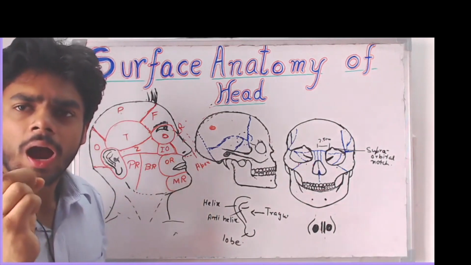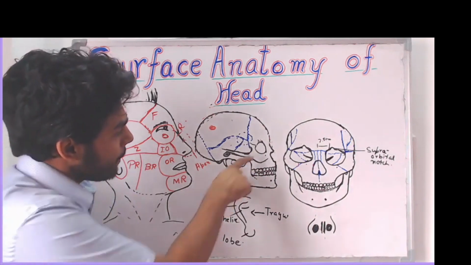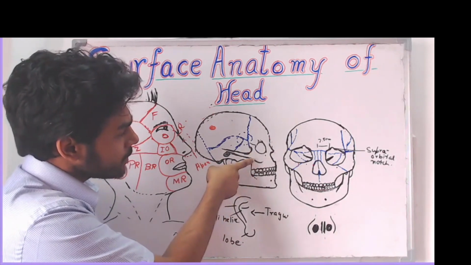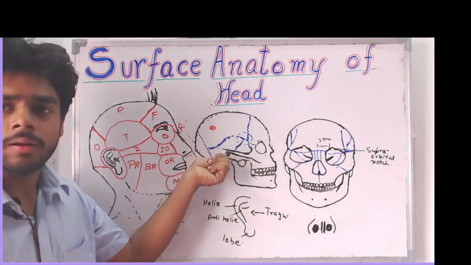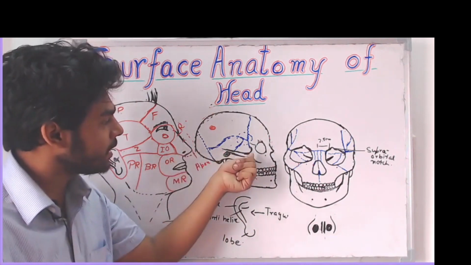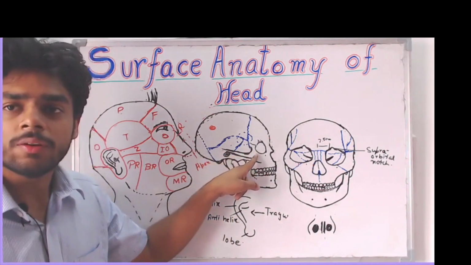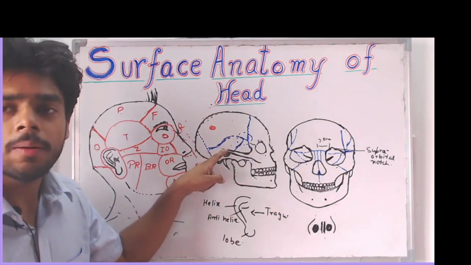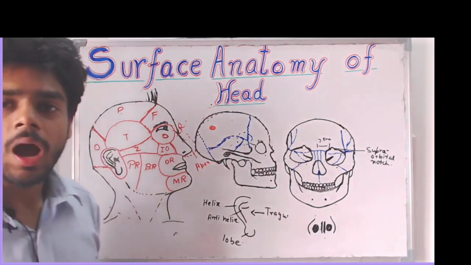The zygomatic arch extends from just inferior to the lateral margin of the eye, towards the upper portion of the auricle. Here you can feel the zygomatic arch.